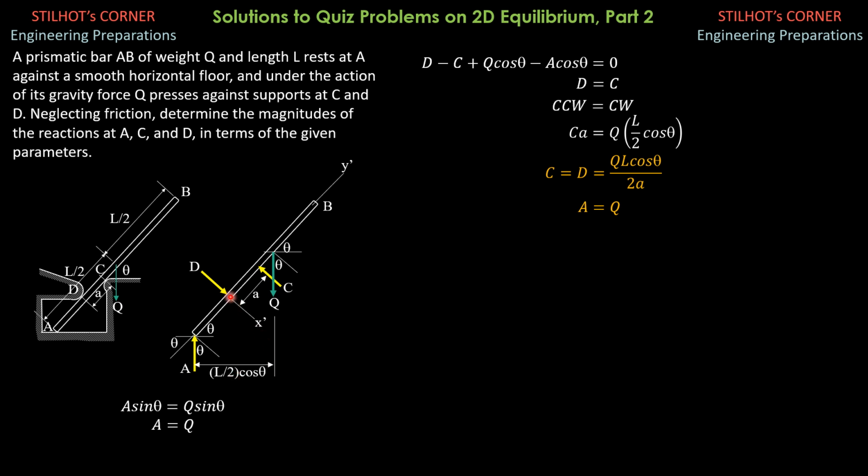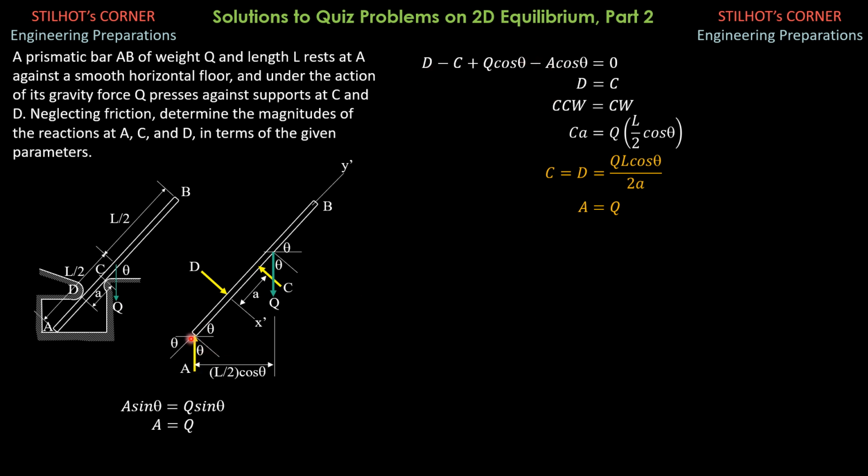Likewise, summation of forces along the x prime axis equals 0. Then we have D in the positive direction plus the component of Q in that direction, Q cosine theta, then minus C, then minus the component of A, which is in the negative x prime direction, adjacent to theta, so A cosine theta.